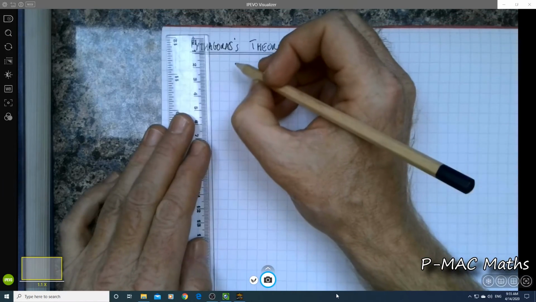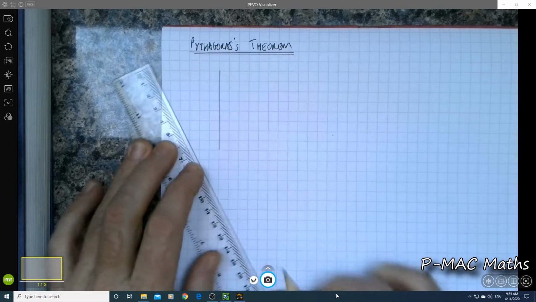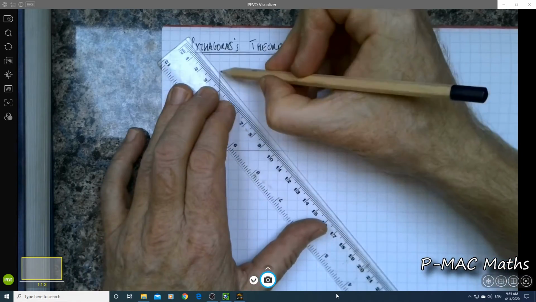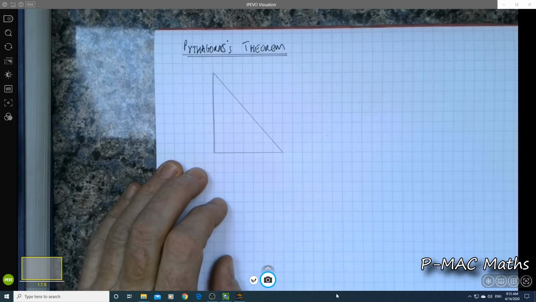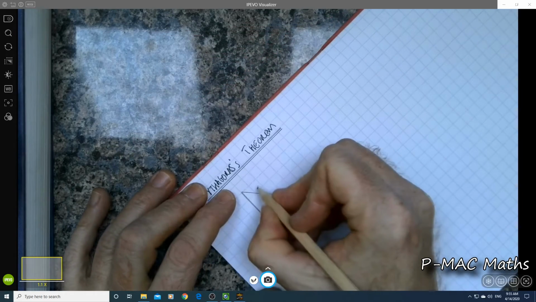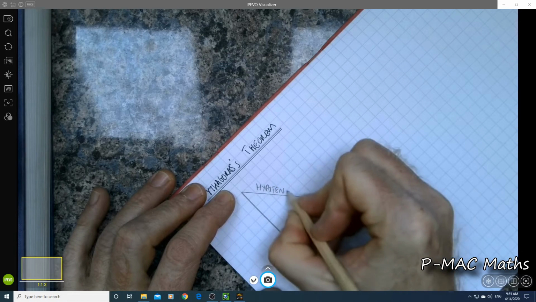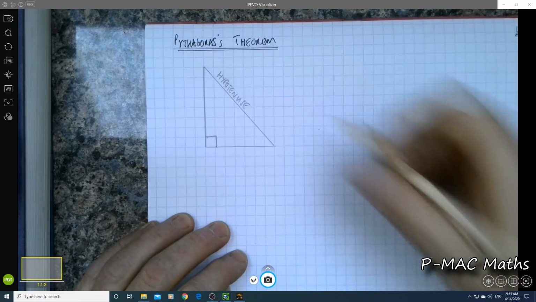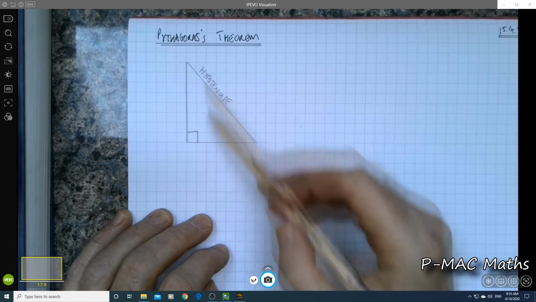We're going to draw ourselves a right angle triangle. And this side, this is the longest side, this is the hypotenuse, it's opposite the right angle.